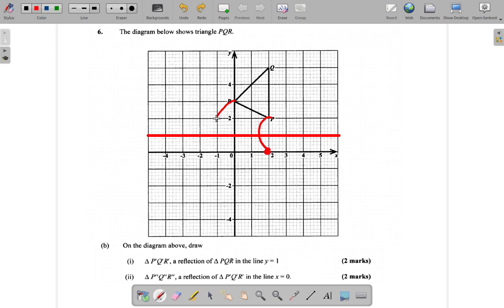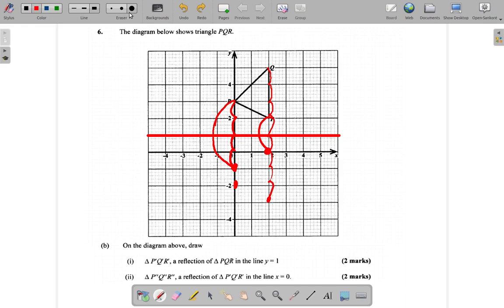R is 1, 2 above, so you go 1, 2 below. So remember this 1, 2, and R would come right here. And Q, the distance is 1, 2, 3, 4 to the line. So on the other side is 1, 2, 3, 4. All right, right there.